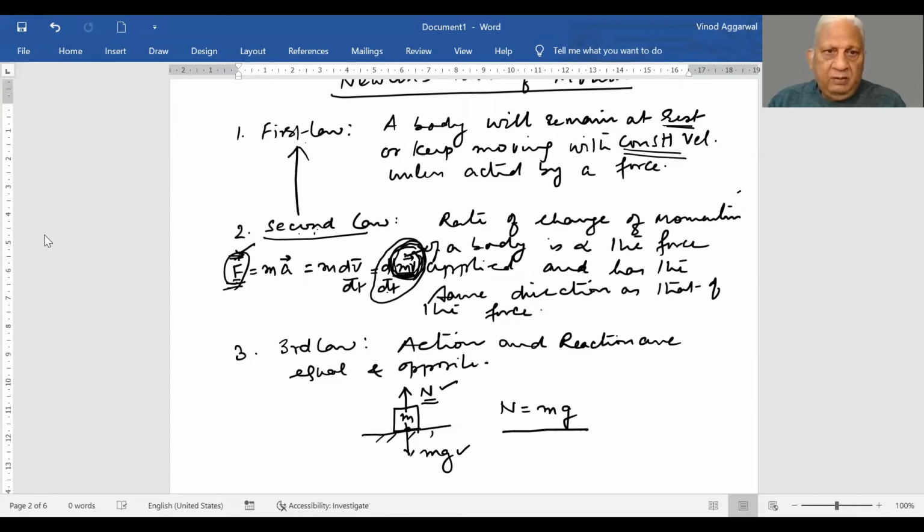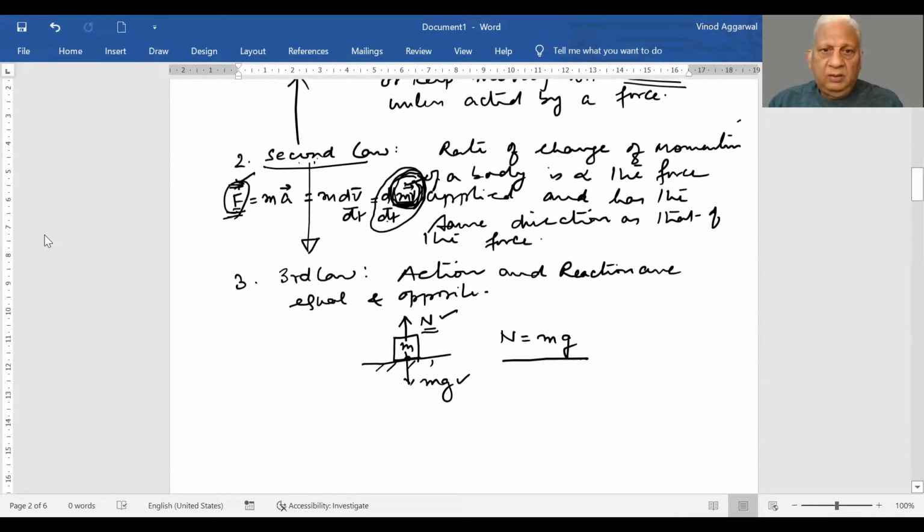Similarly, we can derive the third law from the second law again. How? What we've seen is that if a body remains at rest, whatever force it applies downwards, a normal force is applied upwards because the body is at rest. If the body is at rest, we know that there is no net force acting on it. Net force is 0.